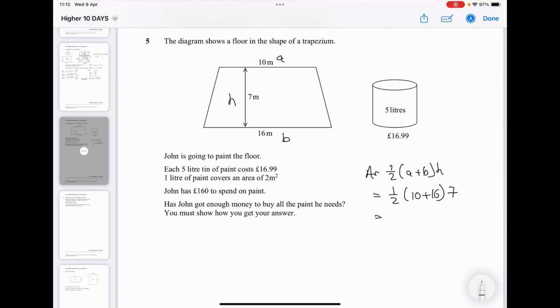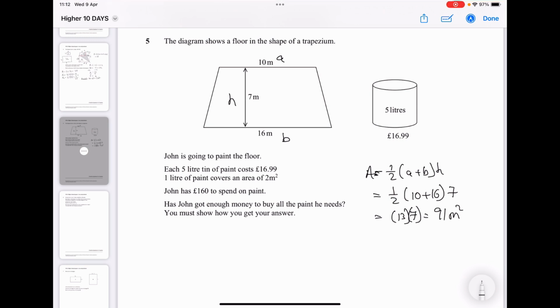Half of 26 is 13, times 7, which is 91 meters squared. So that's the area of the trapezium.